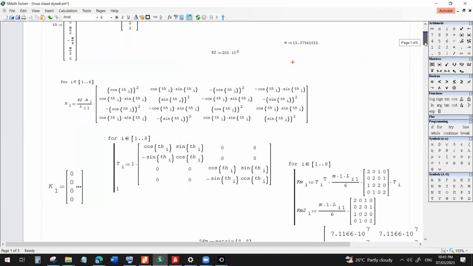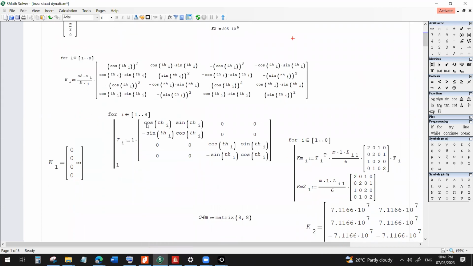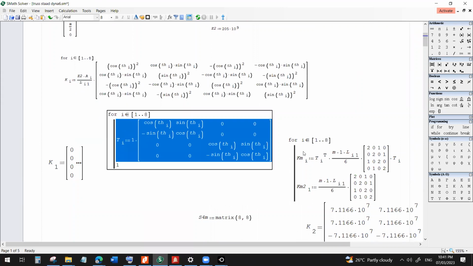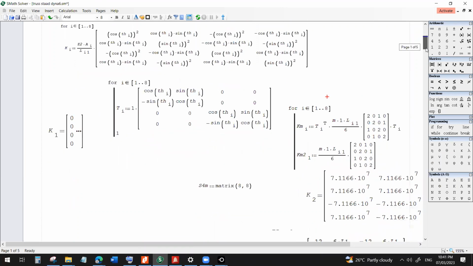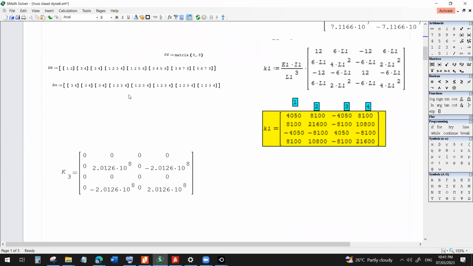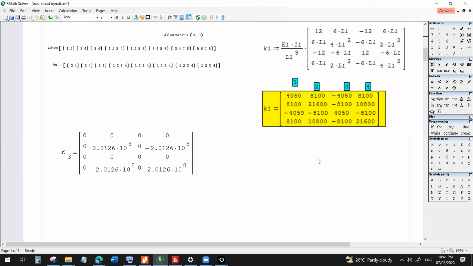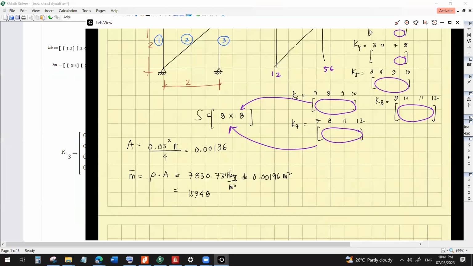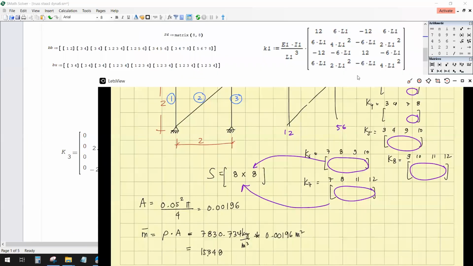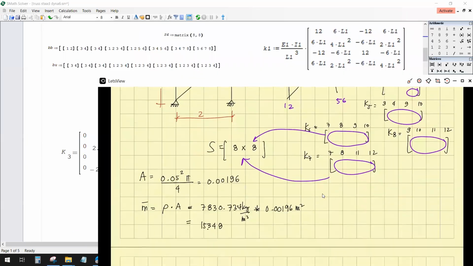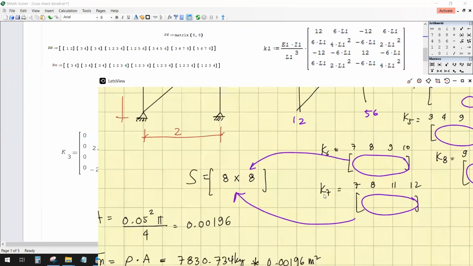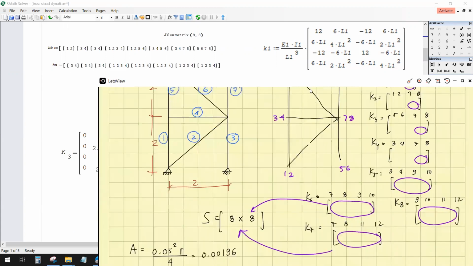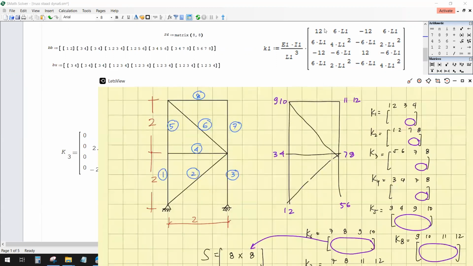Okay, so M, E, yan, same formula, loop to 8 members. Mass matrix, loop to 8 members. And for the BU and BB matrix, so quickly, let's just show, for example, si member 1, ito, kita ba? Yan.